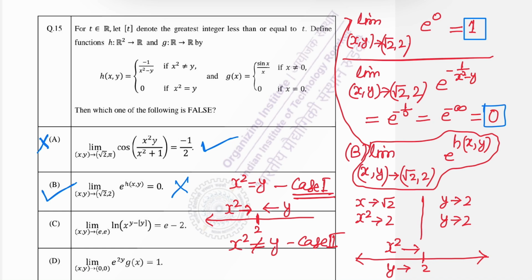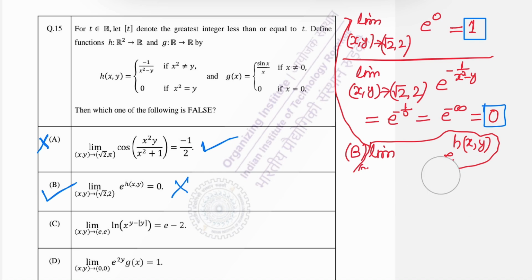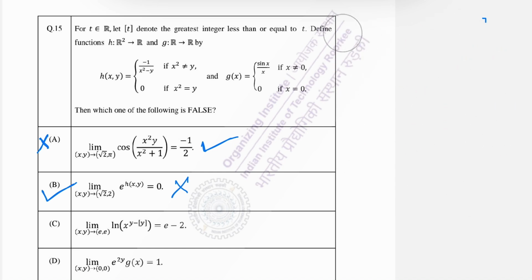Okay, so I go there. I am erasing all things to make a space. Okay, now option C, I type in blue.